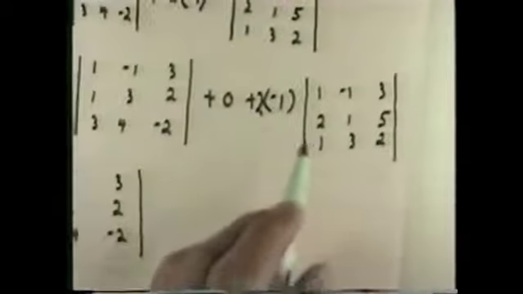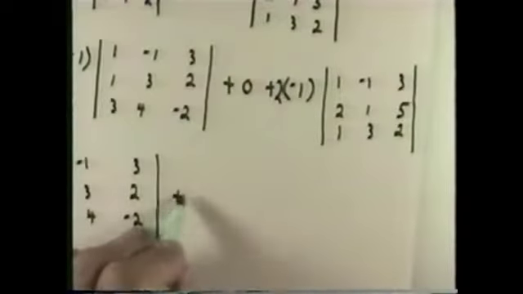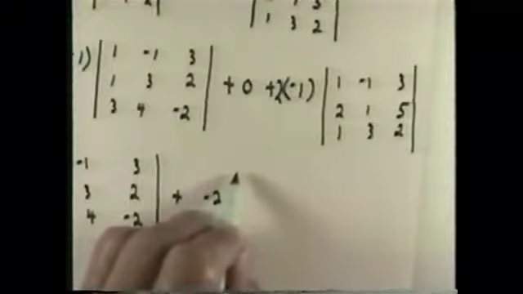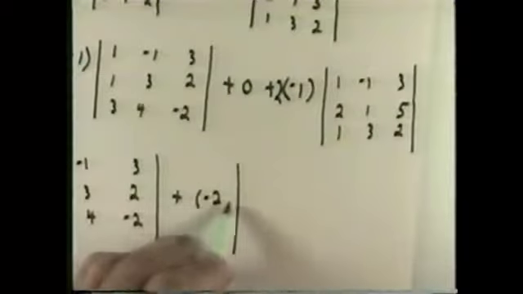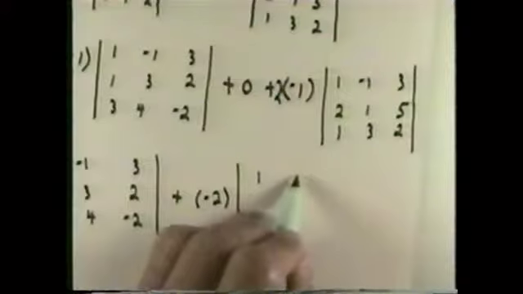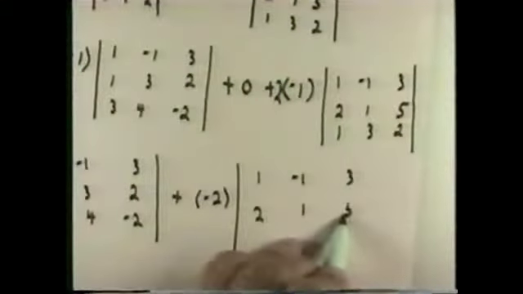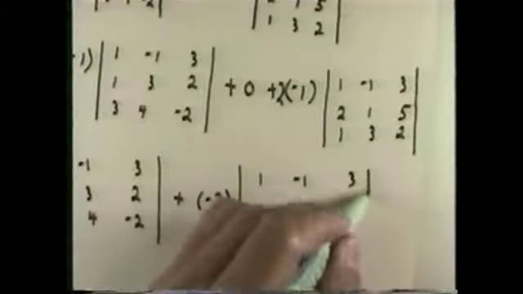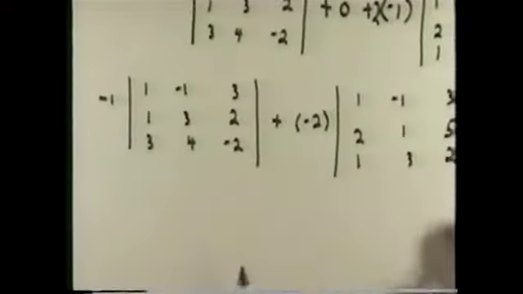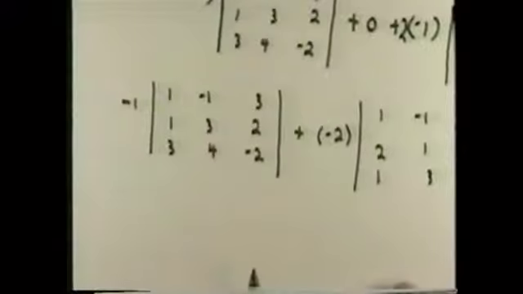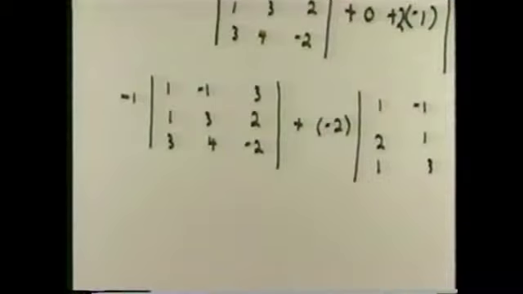All that's 0, plus a negative 2 times the determinant 1, negative 1, 3, 2, 1, 5, 1, 3, 2. So now I have to, in essence, evaluate two 3 by 3s. So multiplying by the cofactor and summing the results only got me down from a 4 by 4 to a 3 by 3.